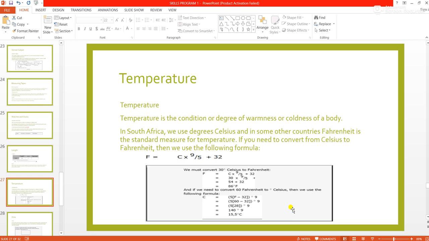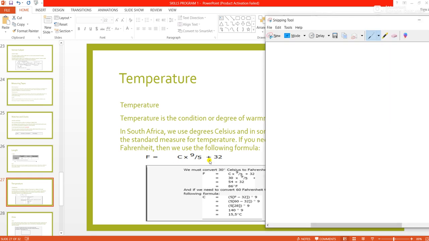Okay, let's do this. What we need to do in this instance, we have in brackets 150 minus 32, close brackets.